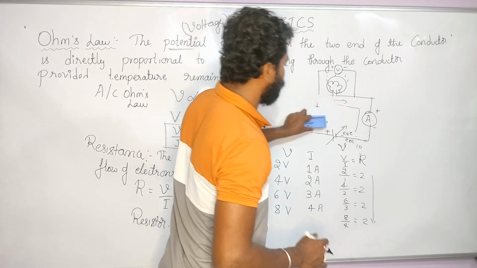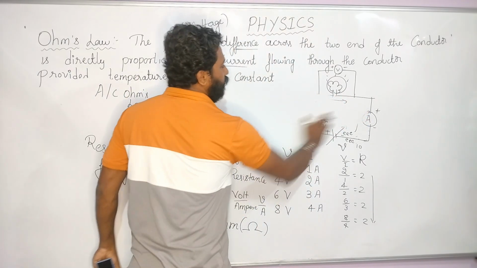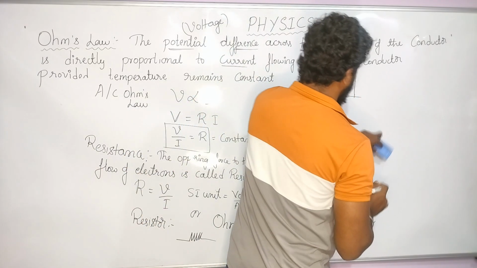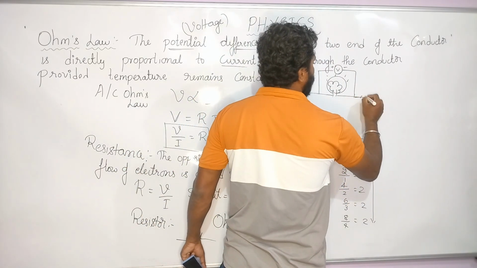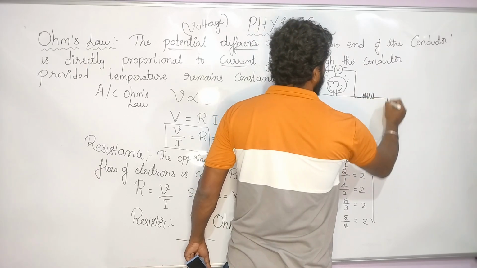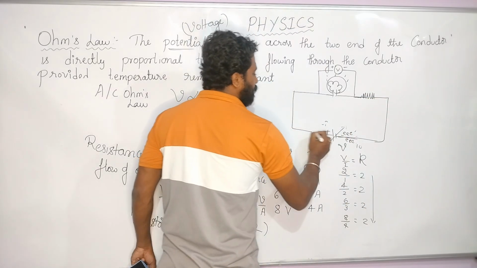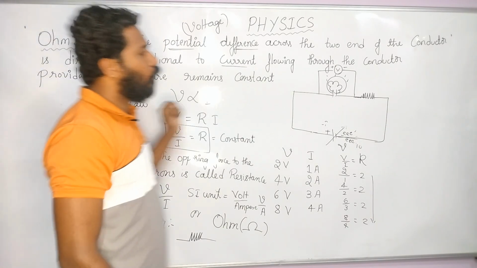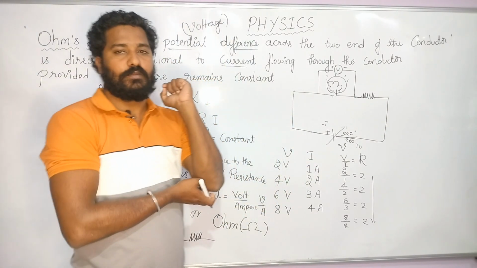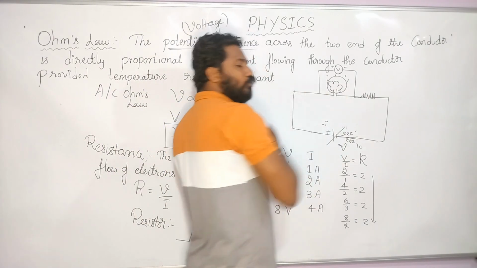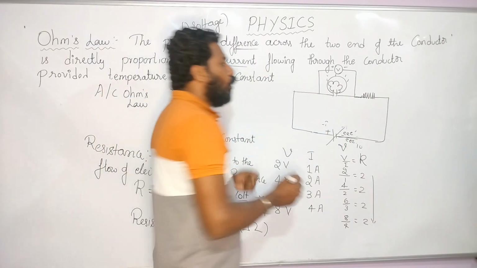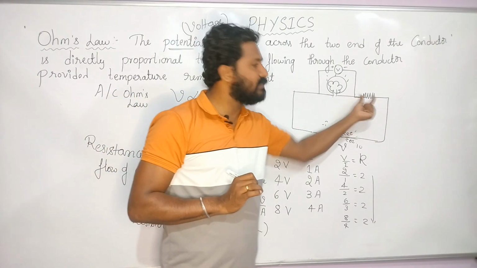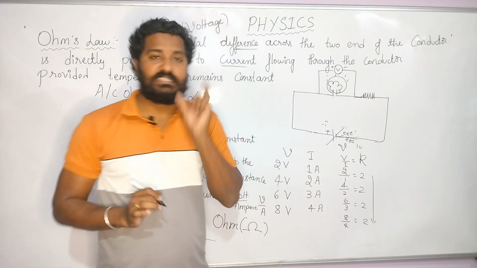Consider a circuit. In this circuit, I have added a resistor. Now electrons will move through the circuit wire. When I add a resistor, this kind of resistor has a fixed resistance.